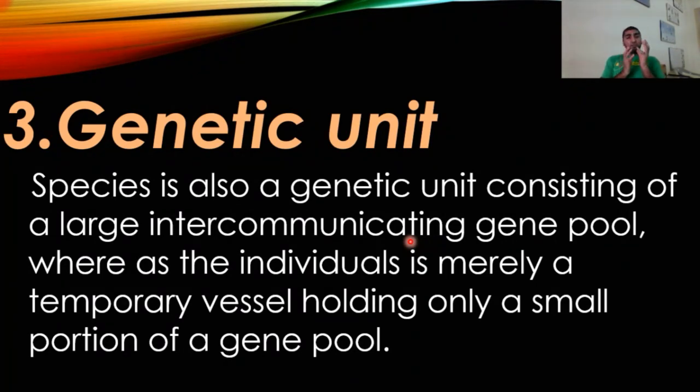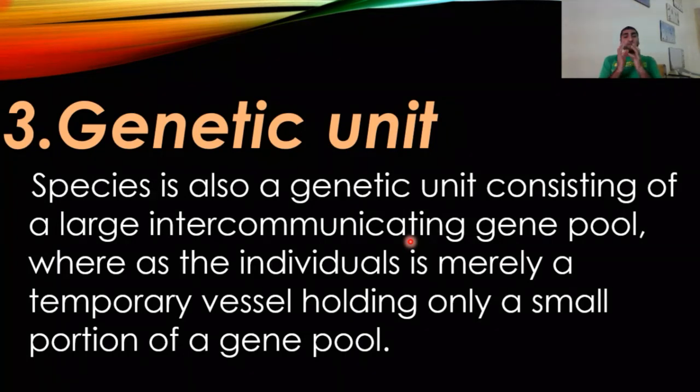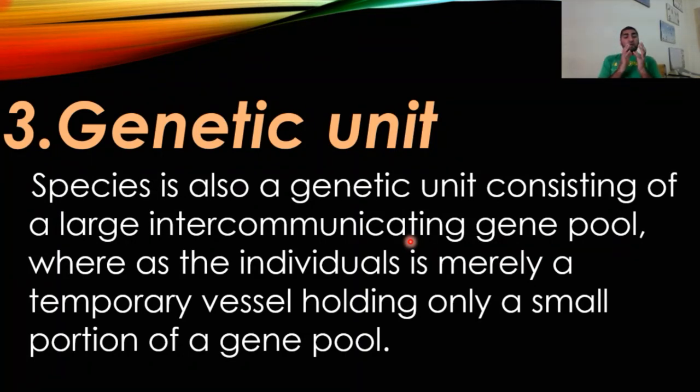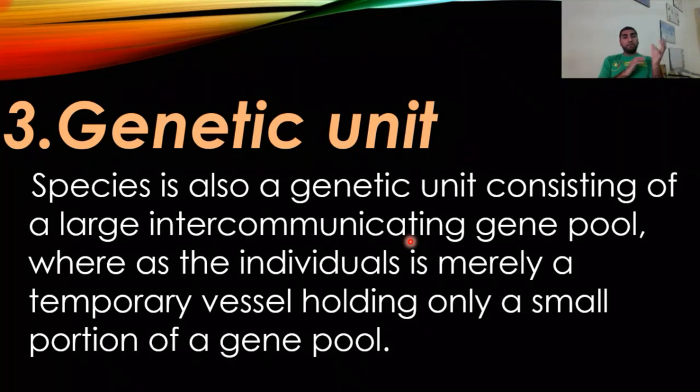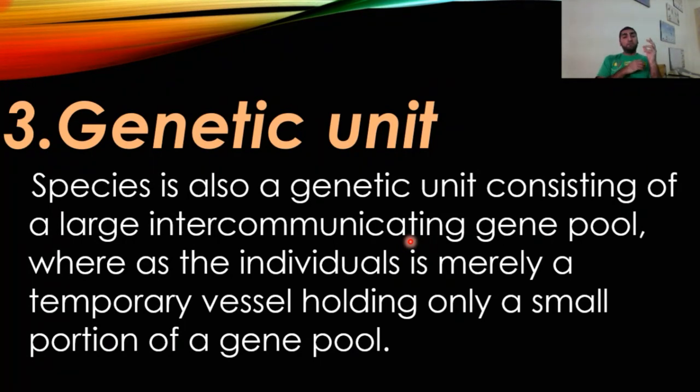And this gene pool intercommunicates, for example by marriages, between India and Pakistan, India and Singapore, India and China, or China and Pakistan. So these genes intercommunicate with each other.